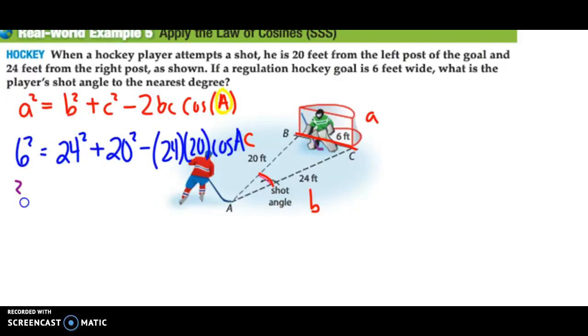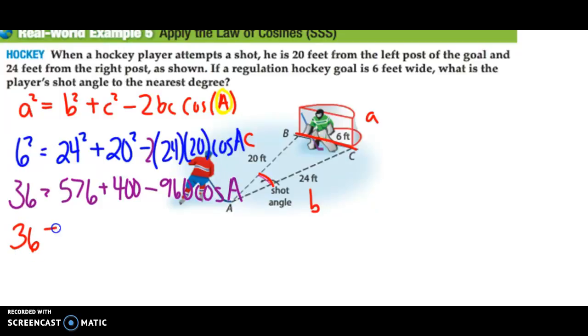We get 36 is equal to 576 plus 400 minus 2 times 24, which is 48, times 20 is 960, cosine of angle A. Combining like terms, we get 36 is equal to 976 minus 960 cosine of A.